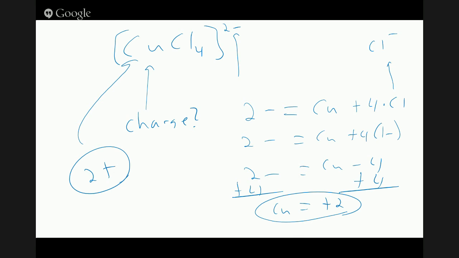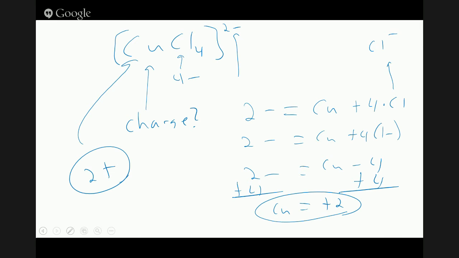Copper is 2+. This is 4-. That adds up to a total of 2-. Okay, so Pauline, I hope that answers your question sort of in multiple ways, not only helping you with the charge on the overall complex, but if you're given an overall complex, can you find the charge or the oxidation state of that metal?